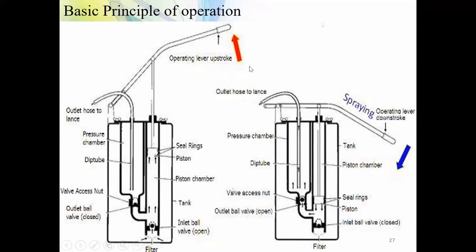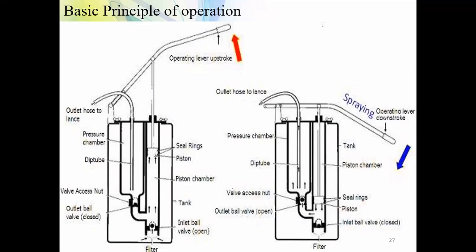Okay. Normally, the working principle consists of two strokes. The first one is the upward stroke, and the second one is the downward stroke. The figure displayed on the left side is the upward stroke. While pulling the handle upward, the piston, which is connected to the handle by the plunger rod, is moving upward.